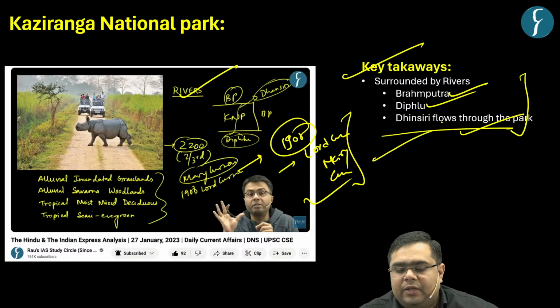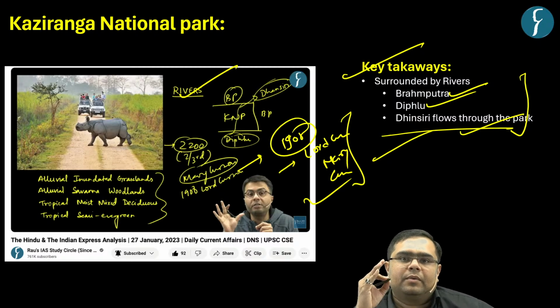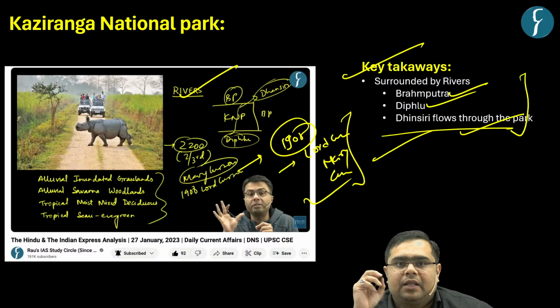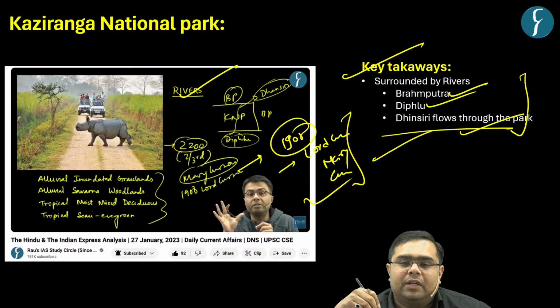And generally UPSC has in the past asked which particular river flows, or which national park is located around which mountains. This is an area of interest for UPSC. And another area of interest is which particular river flows through the national park. Why UPSC focuses on this kind of thing is because rivers are considered the lifeline of forests and also the wildlife.